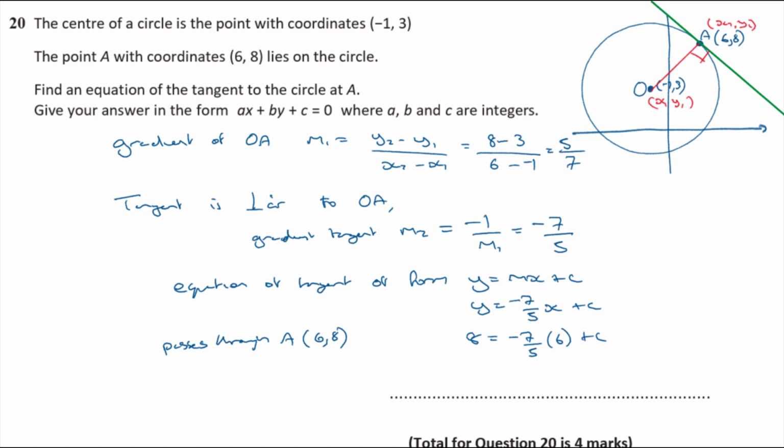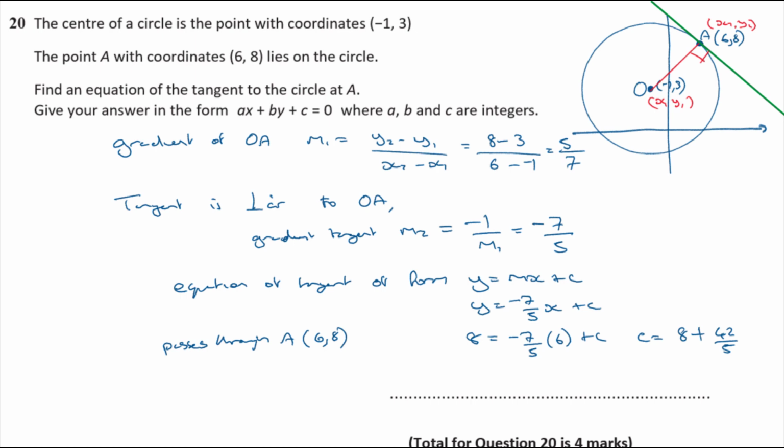Well, that's pretty horrendous, but doable. So what I've got, 8 equals minus 42/5 plus c. So then c is going to be 8 minus, sorry, plus, isn't it? Because it's going to change sides, change signs. So c is going to be 8 plus 42/5.